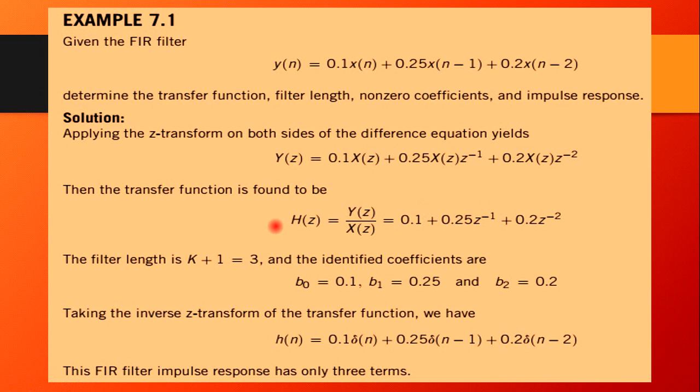So k plus 1 is 2 plus 1 is equal to 3. The length of the filter will be 3 and the constants are the filter coefficients. So b naught is 0.1, b1 is 0.25, b2 is 0.2. If we again take the inverse z transform of the transfer function, we will get the impulse response of the filter.